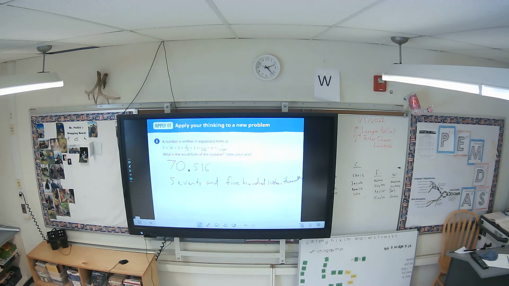It's easier to put an expanded number into standard form than it is to take it right to word form. So make it into standard form and then put it into word form. Take the steps, all right? Don't try to do it all at once. You're going to confuse yourself.